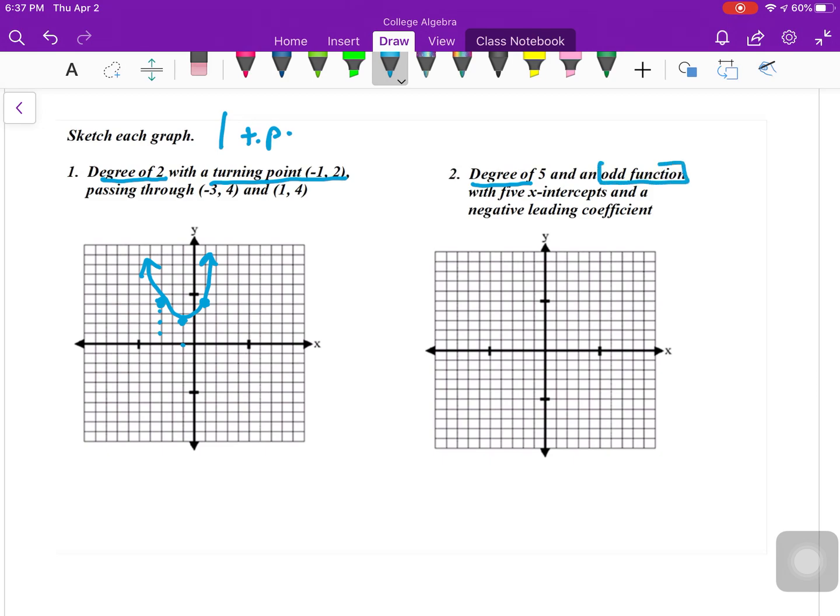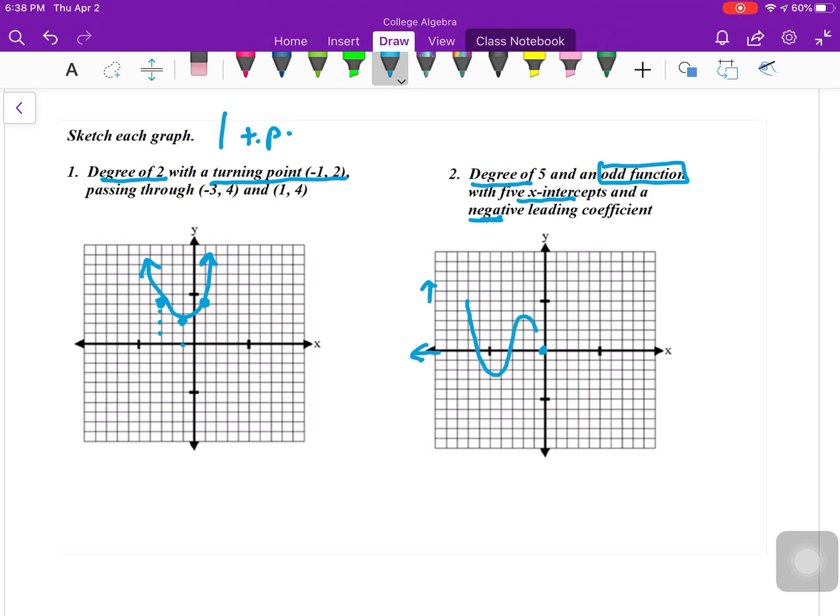This one's a degree of 5, an odd function. So that means it must be symmetrical at 0, 0. 5 x-intercepts and a negative leading coefficient. So that means as I go negative, I must go positive in the end.